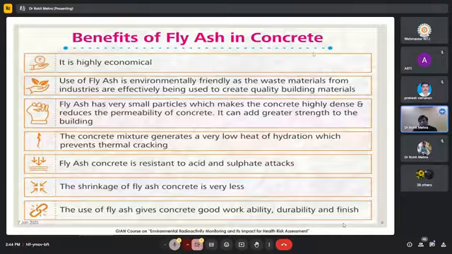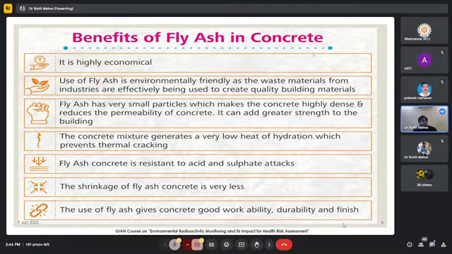It has very small particles, so it reduces the permeability of the concrete and can add strength to the building. The concrete mixtures generate a very low heat of hydration, which prevents thermal cracking also. If you are using calcium carbonate, then a lot of heat is generated. If you are using fly ash, the heat parameters are reduced, so you could imagine that cracks will not develop.